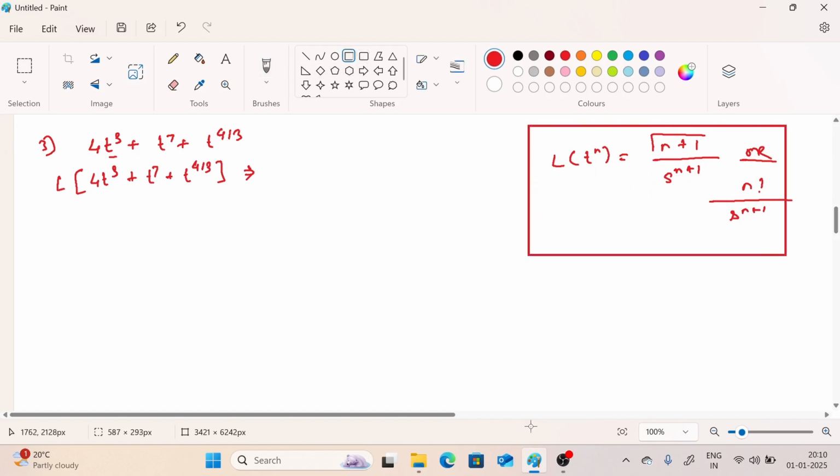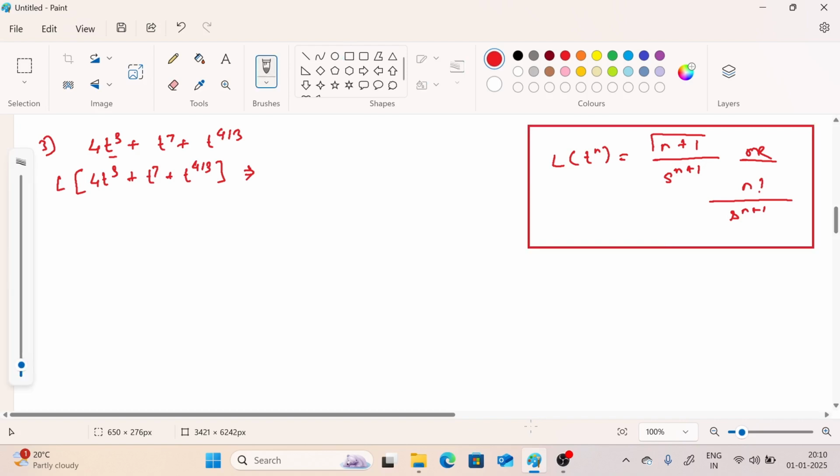From these two equations, yes, we have the formula for t raised to n, but there are two formulas for t raised to n. One is gamma function of n plus 1 upon s raised to n plus 1, and the other is n factorial upon s raised to n plus 1. So which formula needs to be used in which case?